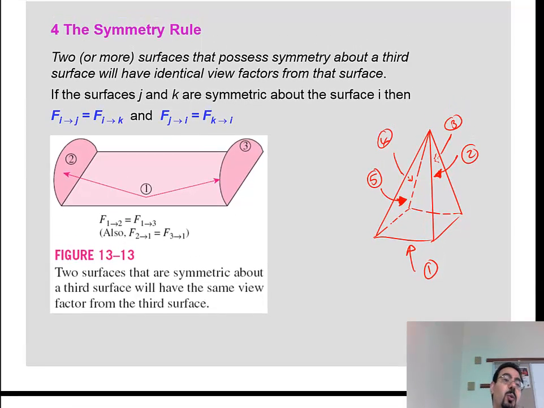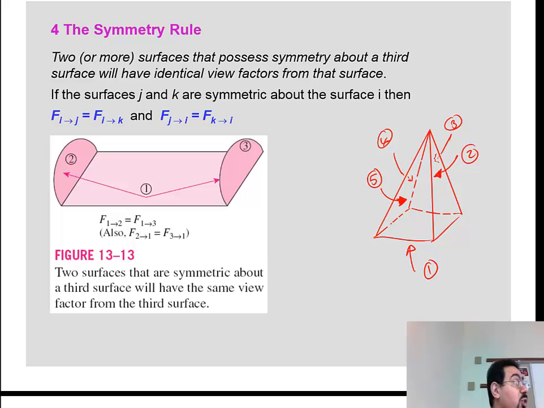Well, I have to admit, when I was an undergraduate student, radiation was the hardest chapter for me in the heat transfer course. Not because the equation is complex, but because of all those charts and tables and equations that you use.